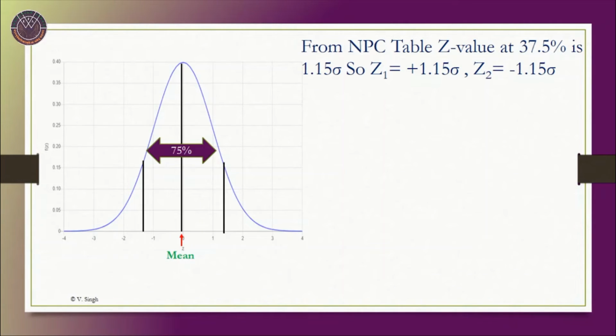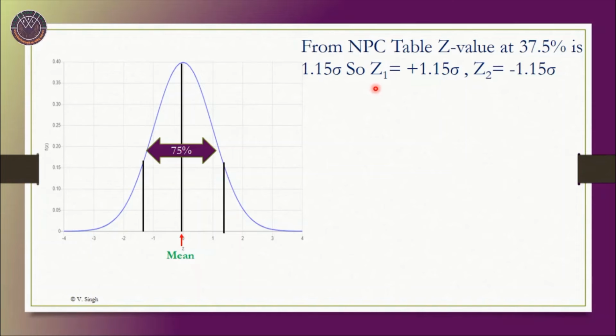If we follow the NPC table, because I already told you that we need to use the NPC table, where we can get the particular percentage of cases in between particular sigma values, we can see that the Z value at 37.5% is positive 1.15 sigma.